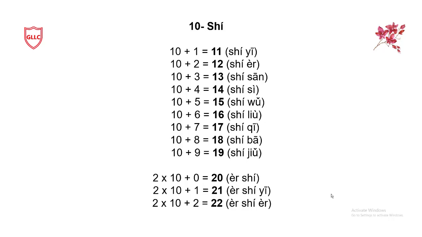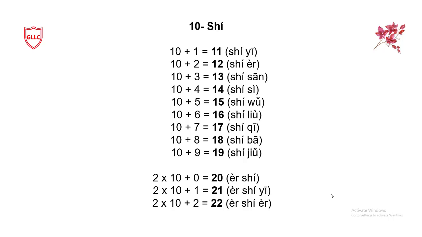Okay, so we are here with the next, you can see 10. We call it 十. So how do we make 11? If we make 十 and then plus 1, it will be called 十一, 11. Then we say 十二, meaning 10 and 2, 10 plus 2, it will be 12.